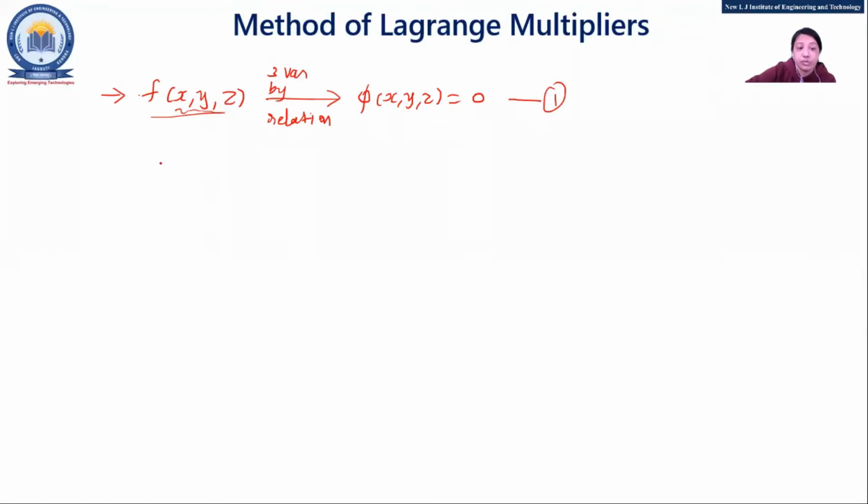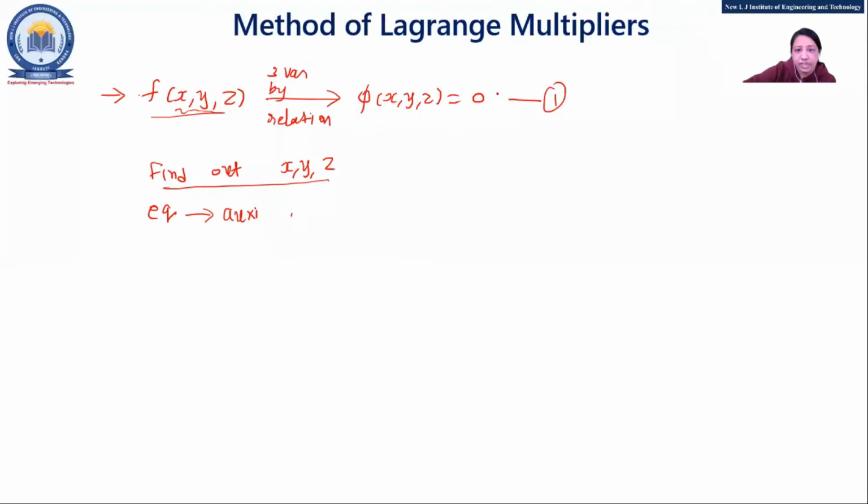Now the main aim in Lagrange is to find the value of x, y, z. It can be asked in two ways: find the value of x, y, z, or find the min or max value of f(x, y, z). To find this, we use one equation called the auxiliary equation.